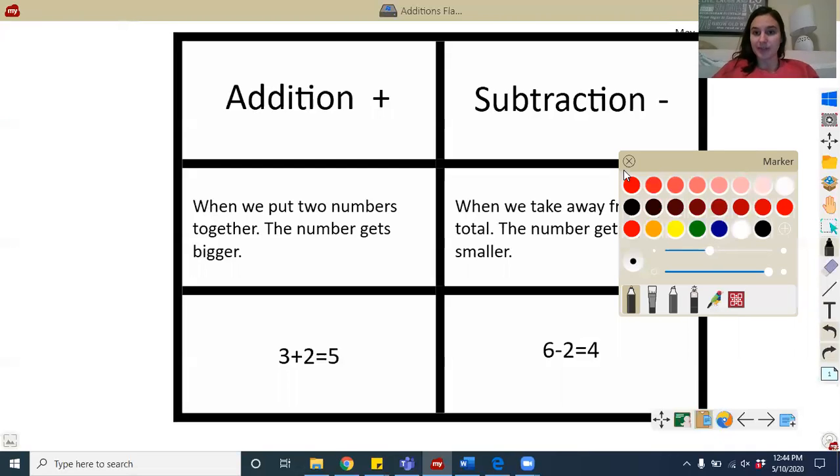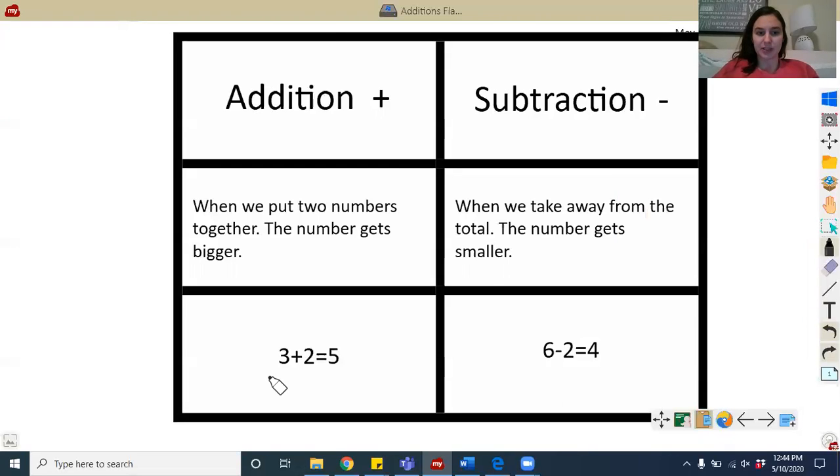So I can draw 3 dots, and then 2 dots, equals. So when I put these two together, I will get 5. So in addition, it's when you're putting two numbers together. You are adding them together.